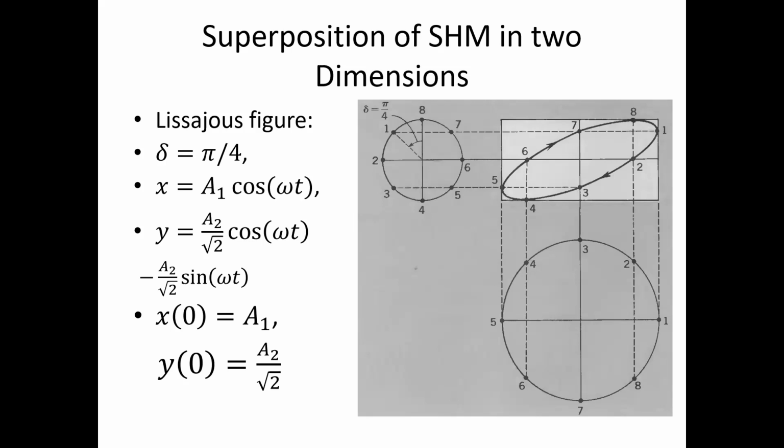So this is my maximum position of x at a1. And we have y of 0 equal to a2 by root 2, which is about 0.707 times a2, so it's less than a2. So the y position is here. We have the maximum value of x at a1, and that is my y position.